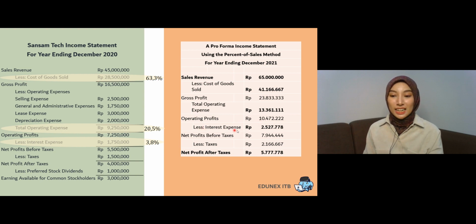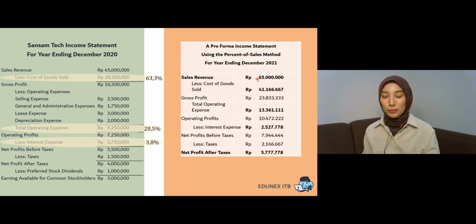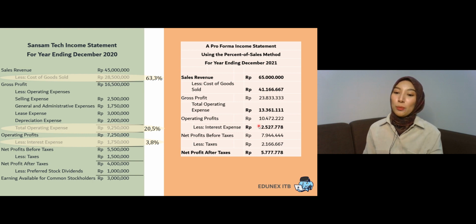Next, for interest expense, we multiply the percentage of interest expense to sales, around 3.8% times 65 million rupiah, so we have the interest expense of around 2.5 million rupiah. Operating profit minus interest expense, we have net profit before tax. We deduct the taxes, and we have the last part as net profit after tax.